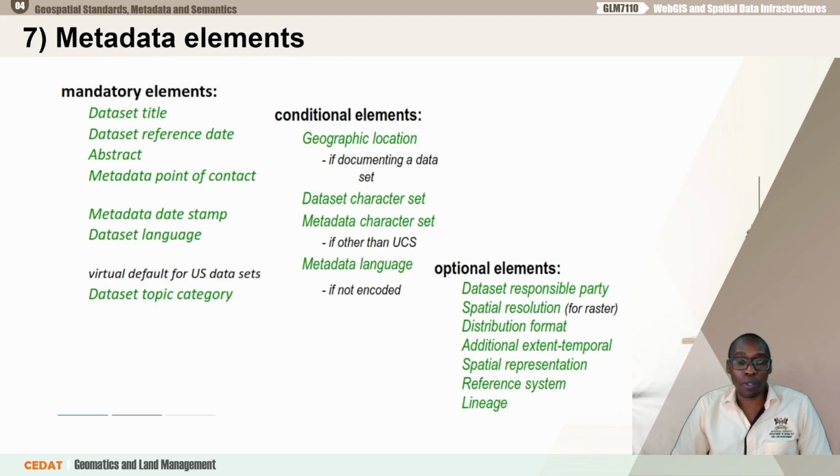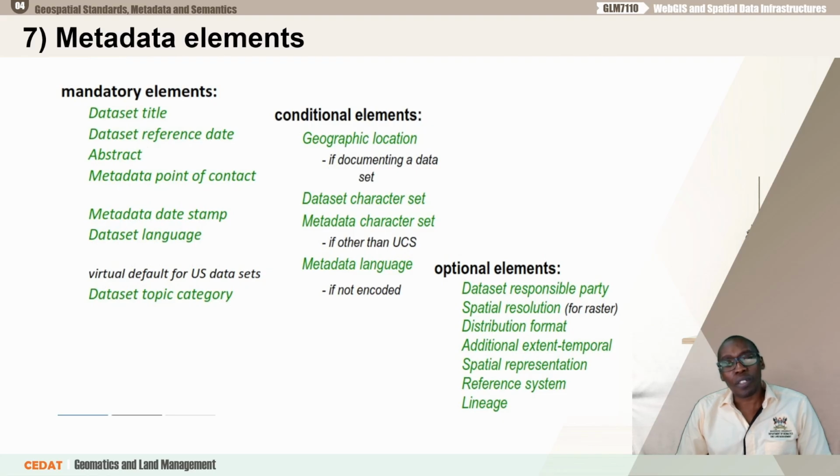So for example, the data could be for 1990, it could be for 2000, it could be for 2020, and also it could be for Kampala in a spatial way, and then also the spatial representation and the reference system and the lineage information. So like we've already said, these elements we can add more or we can reduce depending on the context.